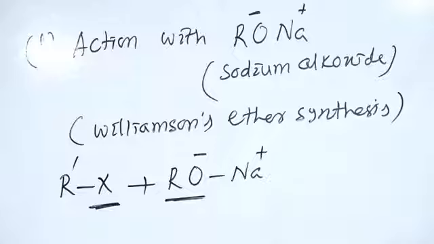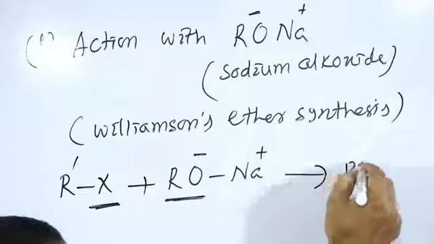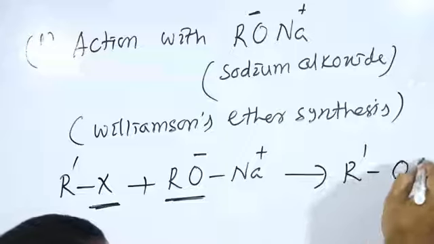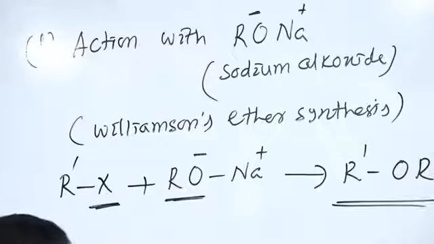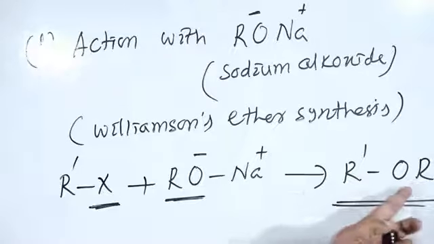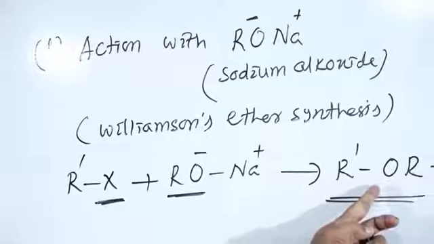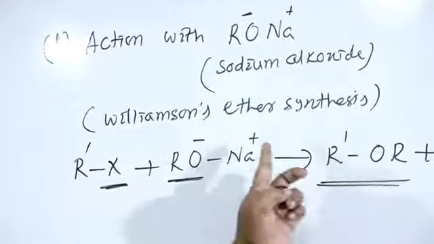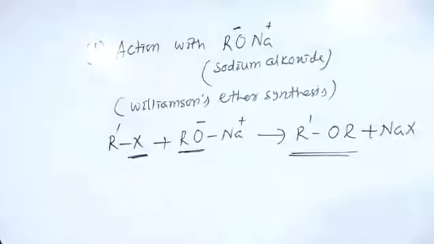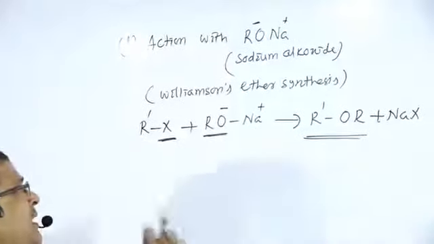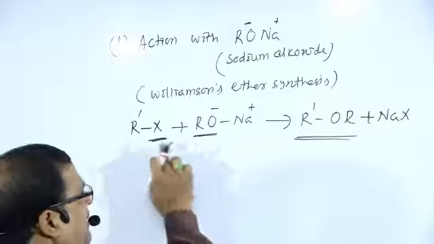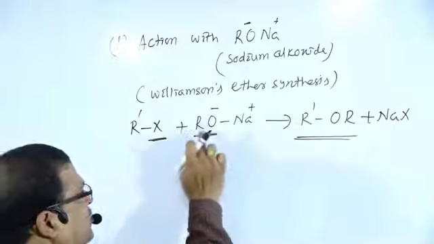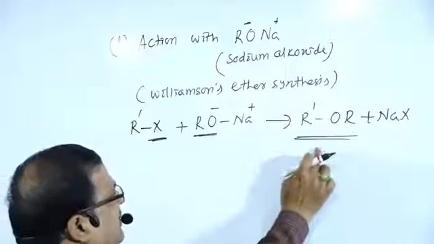So there is the formation of R-OR' plus NaX. What is the formula for this one? That is ether, ROR', the formula for ether. This reaction is known as Williamson's ether synthesis. Alkyl halides react with sodium alkoxide to form ether.